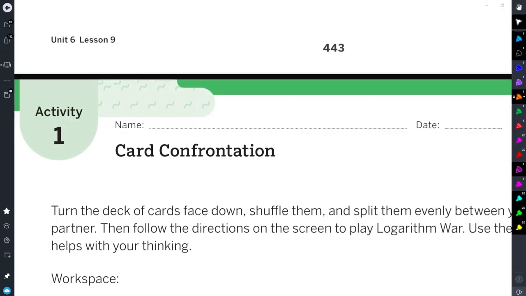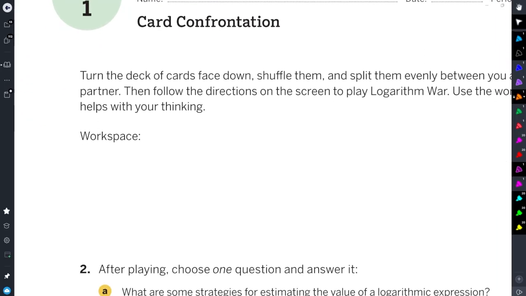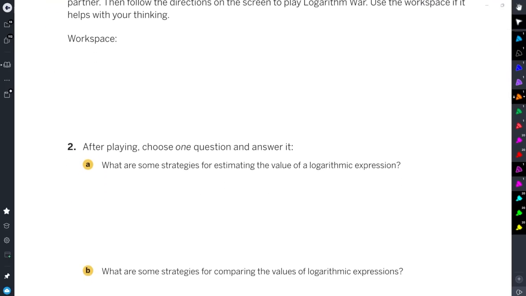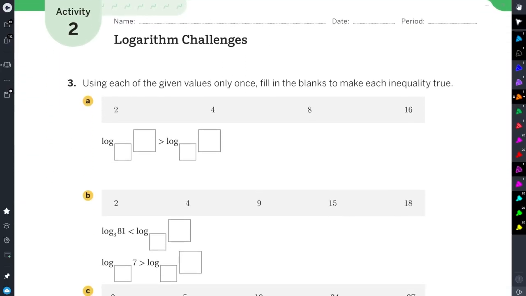Now on the next page, card confrontation, we're not going to do this just because it's hard to do this activity over video. So we'll talk about what was going to happen with this tomorrow. So we're going to go right to activity 2, logarithmic challenges. Now I'm going to walk through these, and the answer I come up with is not the only right answer.